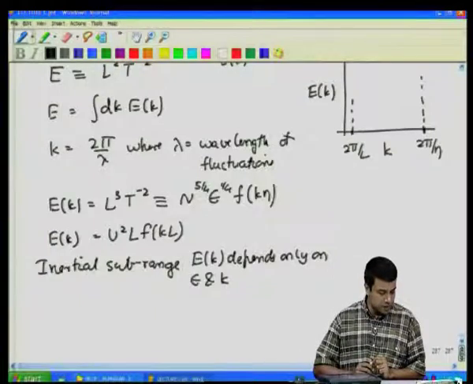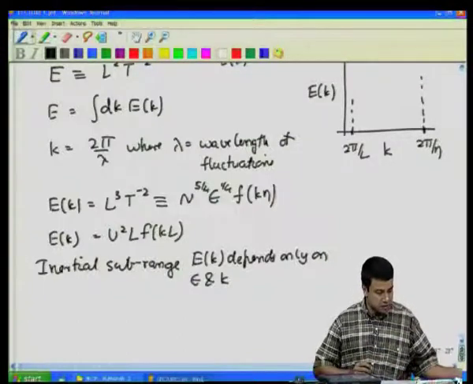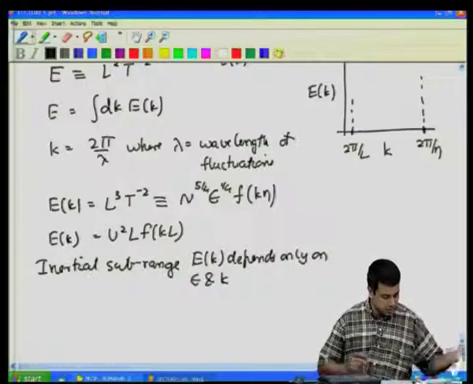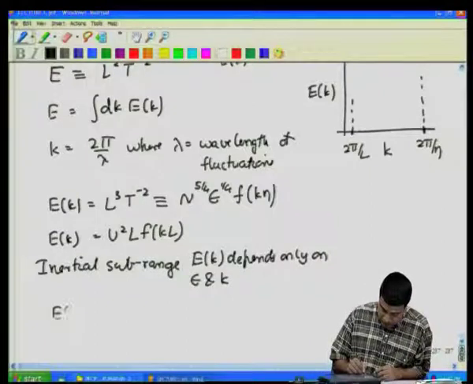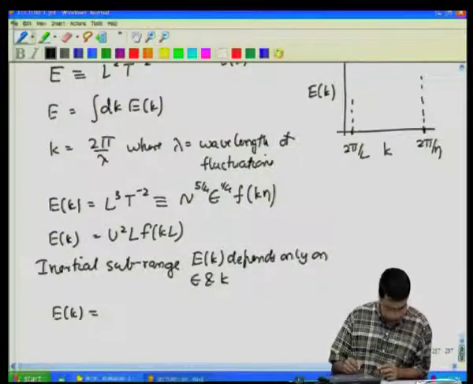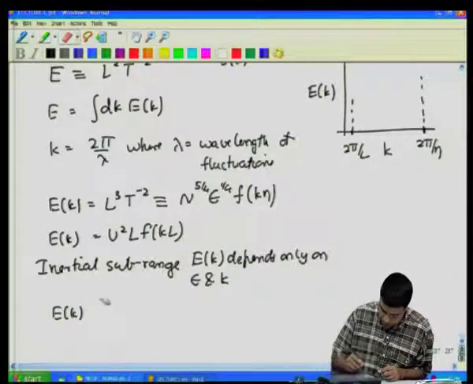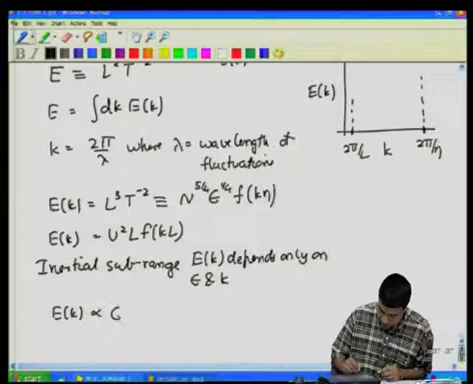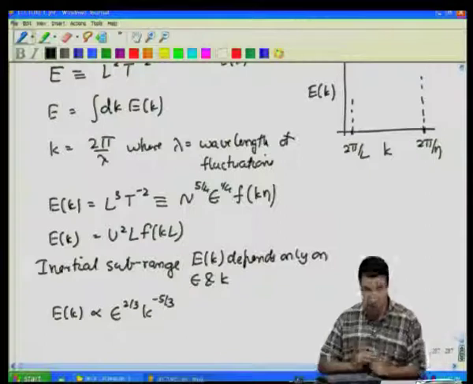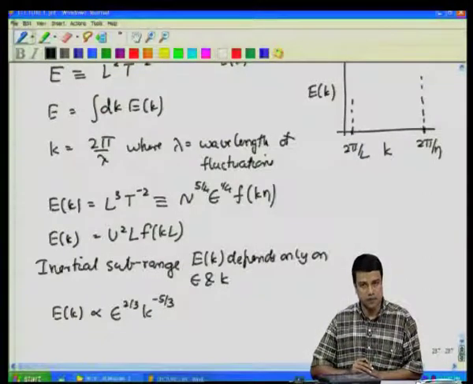And just from dimensional analysis, you can easily see that in this intermediate regime, E of k is proportional to epsilon power 2/3 k power minus 5/3. That is the only way you will get the correct dimensions.